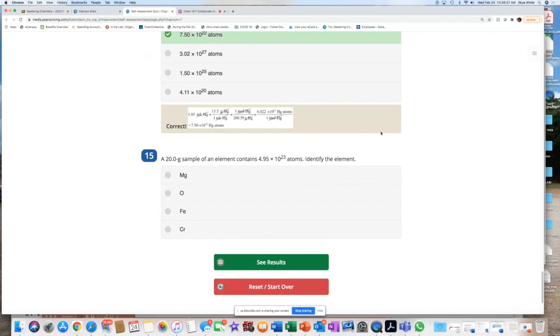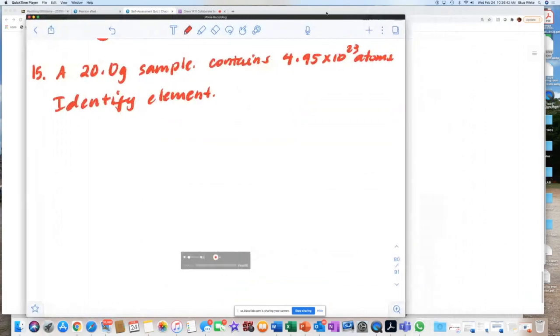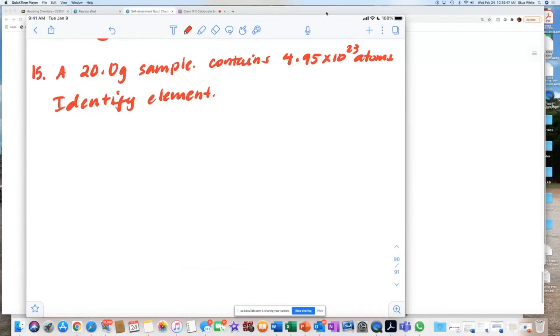So I'm trying to identify the element, right? Okay. Let me go ahead and pull up my iPad, and then we'll go from there. Okay, so I have my information. I have grams, the sample, and I have atoms. So it's saying identify the element.